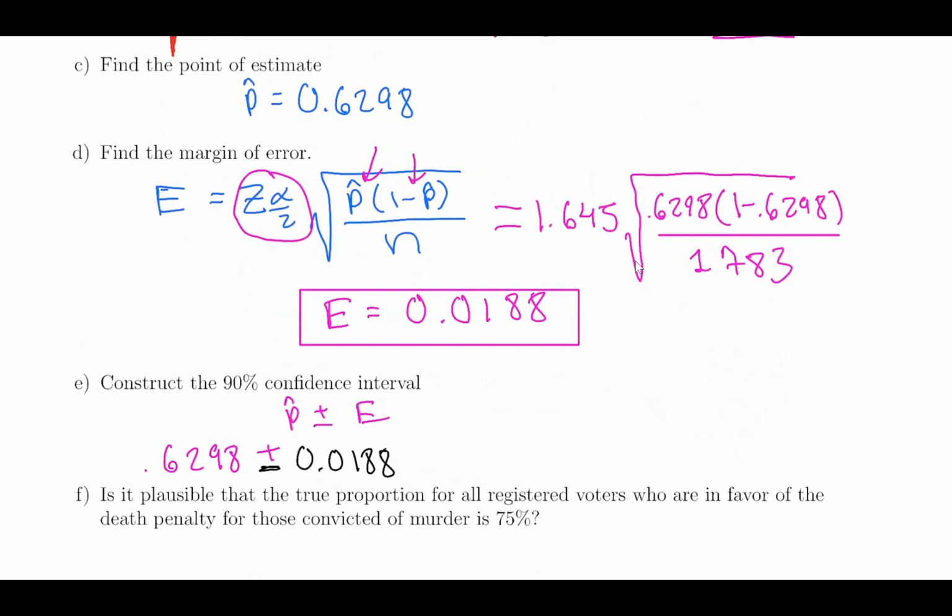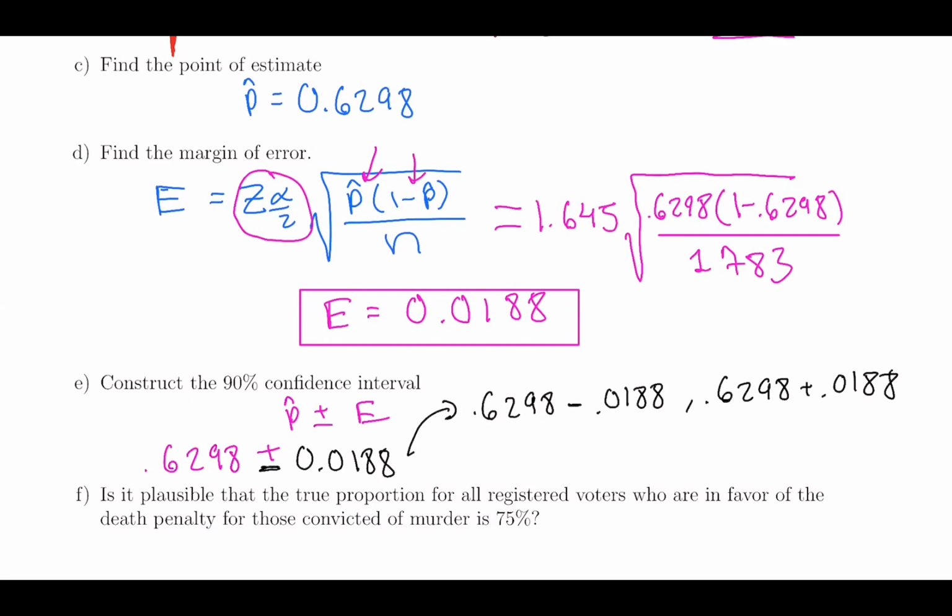So just remember for this one, you have to write it two ways. So you're gonna say 0.6298 minus 0.0188. We're also gonna say 0.6298 plus 0.0188.